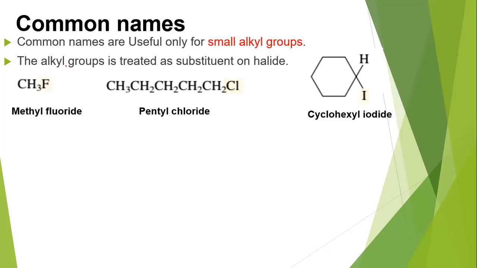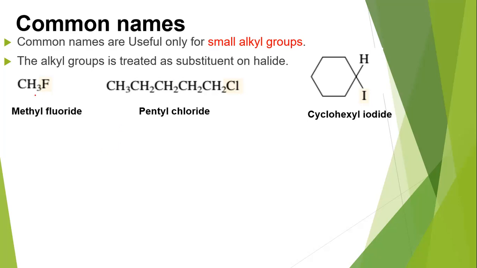Now, common names are useful only for small alkyl groups. Very important. The alkyl group is treated as a substituent on the halide. So the ideal thing is that we treat the halogen as a substituent on the alkyl group, right? Now we are not treating the halogen as a substituent.